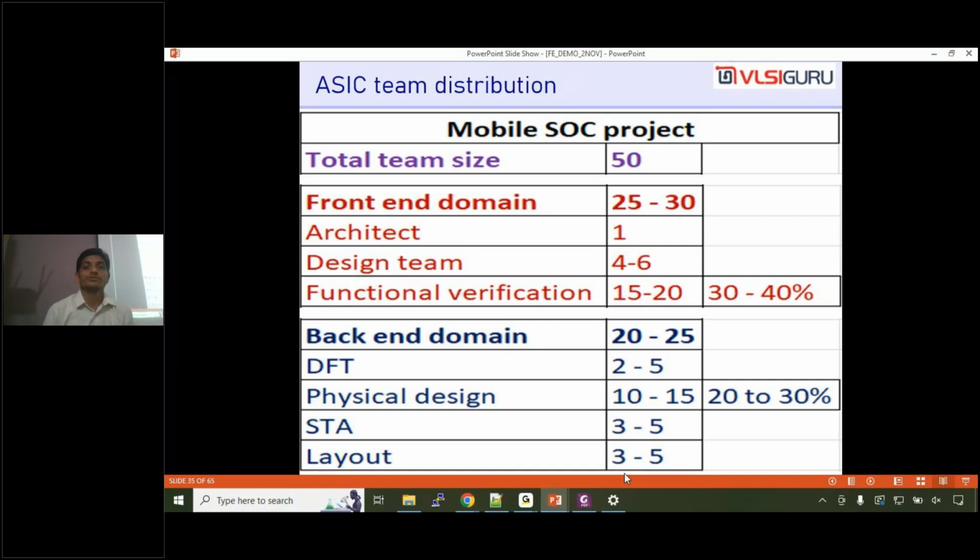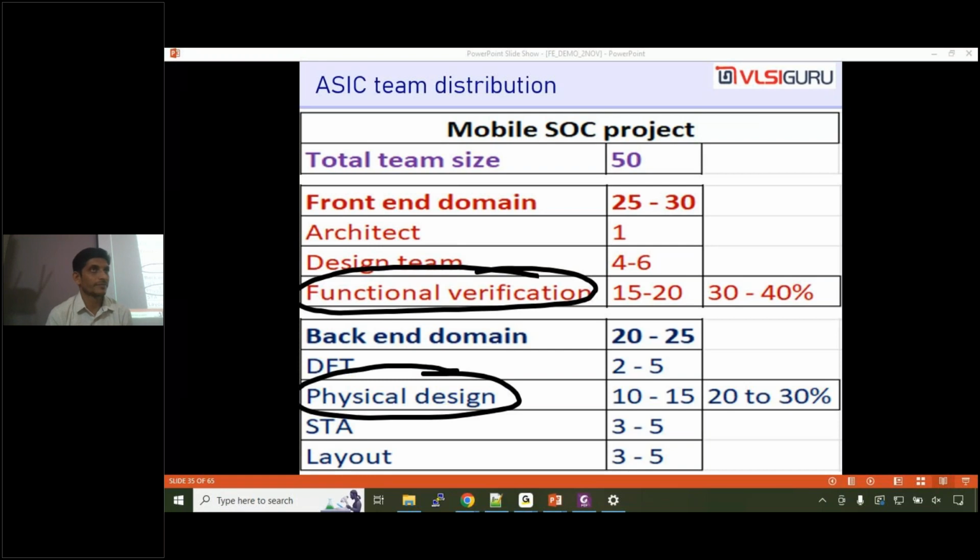So the point I am trying to tell is there are more requirements in functional verification. There are more requirements in physical design. It does not mean that you will not get anything in DFT, you will also get there. In fact, it's all evenly distributed.